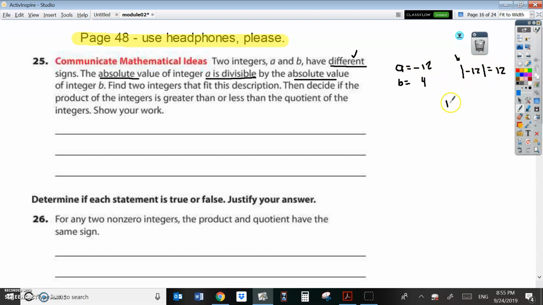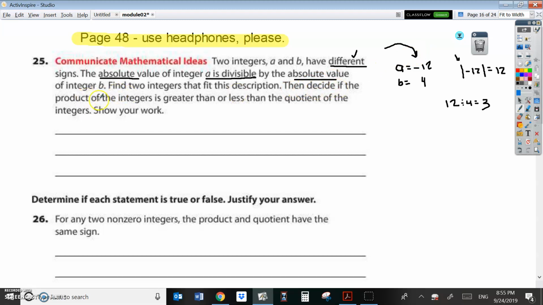Is 12 divisible by 4? Yes, it is. Okay, so find two integers that fit this description. These two integers fit that description.